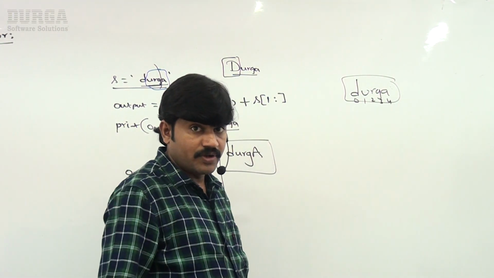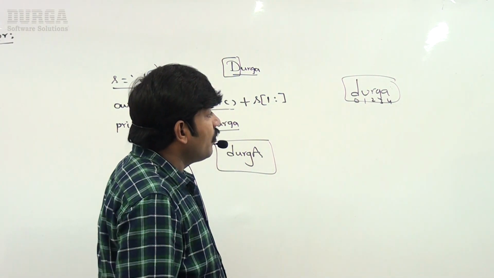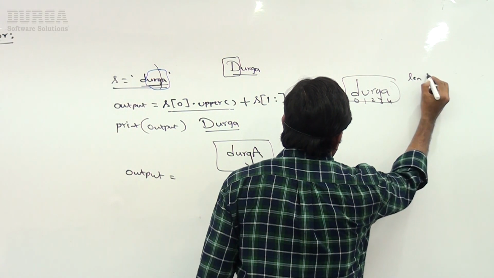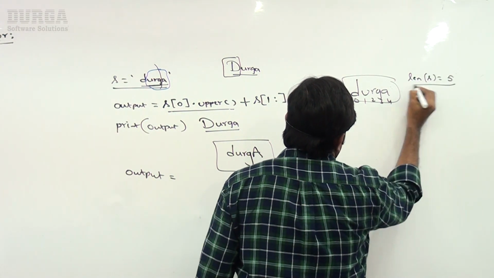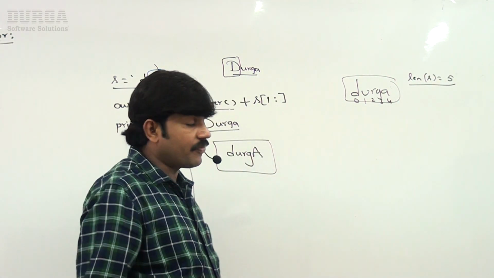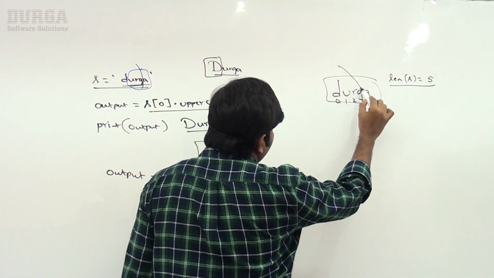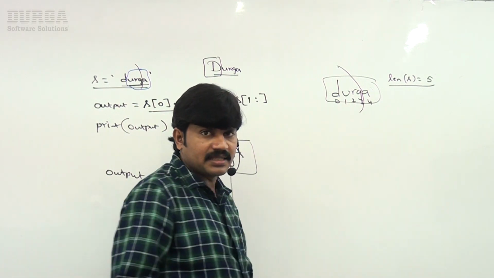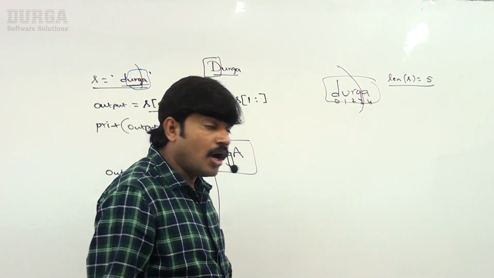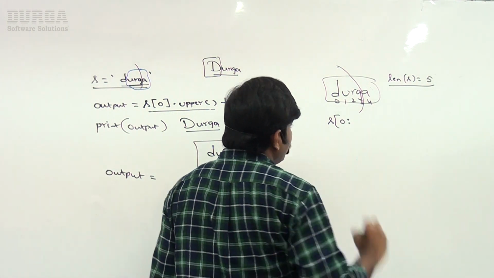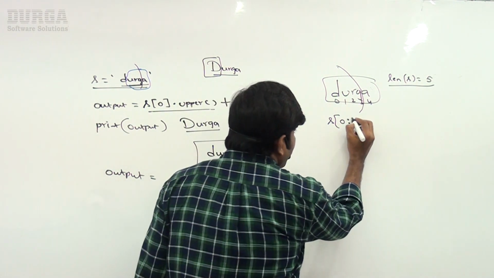What is the length of this string? Length of s is equal to 5. I want up to this, except the last character. How can you use the slice operator, sir? s of 0 to 4 we have to take.